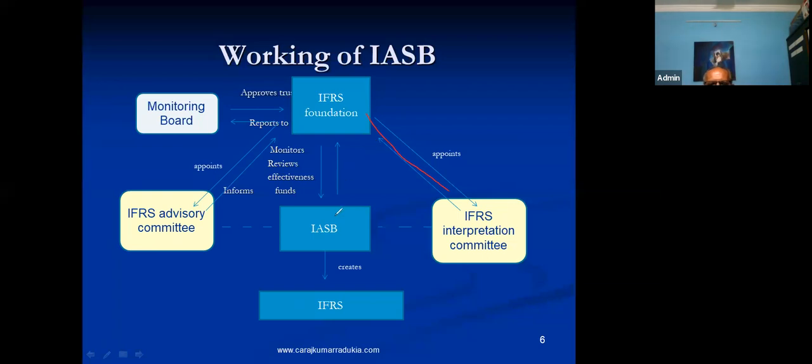Then through the IASB, the International Accounting Standards Board, they create IFRS, the International Financial Reporting Standards. This way the activity takes place. This is the working of the IASB. Then next slide.